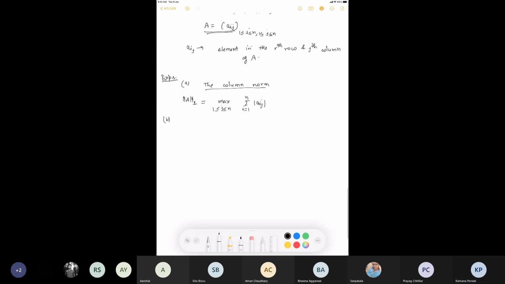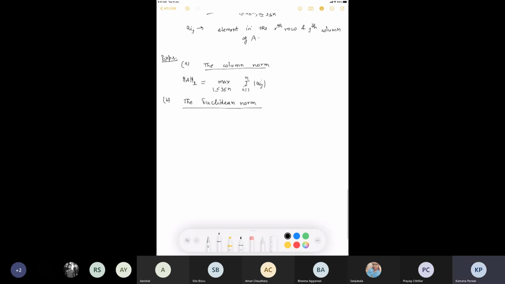So as we have defined the Euclidean norm for R^n, right? So we can define the Euclidean norm here as well. So this is going to be that you take the components of the matrix, square them, sum them.